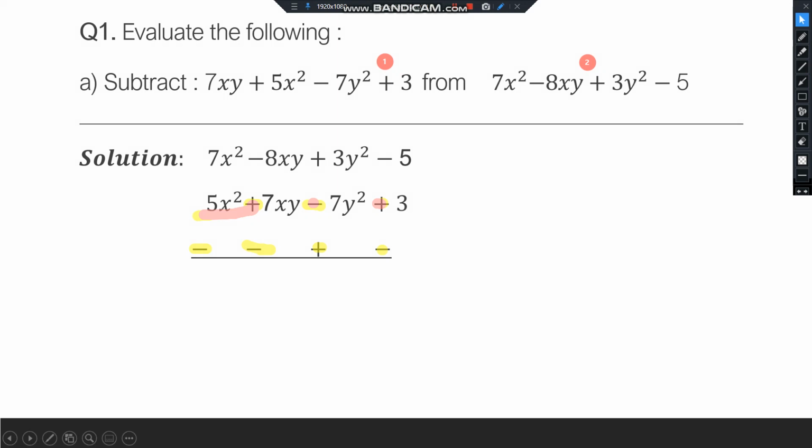When we do 7 minus 5, what do we get? We get 2x square. Same way, minus 8xy minus 7xy, we get minus 15xy, plus 3 and plus 7, we get plus 10y square, and minus 5 minus 3 is minus 8. So 2x square minus 15xy plus 10y square minus 8 is the correct answer.